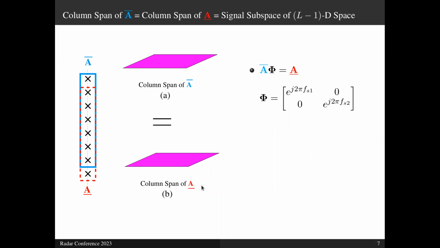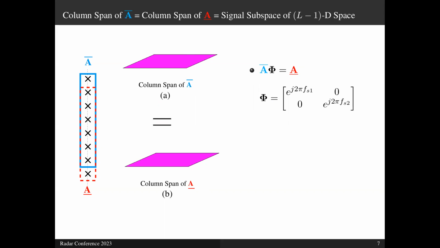So the column span is equal to the signal subspace of the L-1 dimensional space, where L, again, is the number of sensors. Because of this shift invariant structure, A top and A bottom are related as shown here, where phi is a diagonal matrix. It's a function of the spatial frequencies Fs1 and Fs2. So if we have the array manifold matrix, we can compute the spatial frequencies precisely.